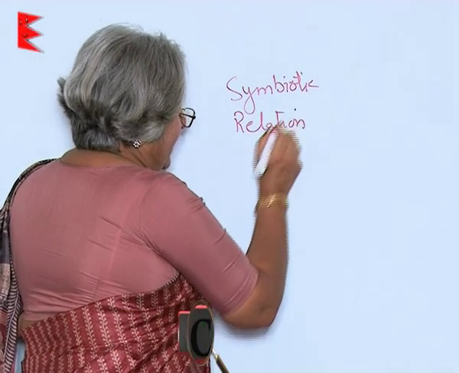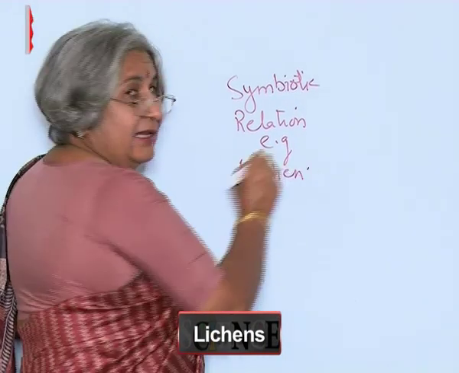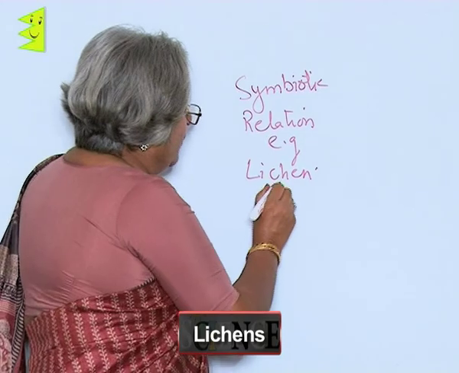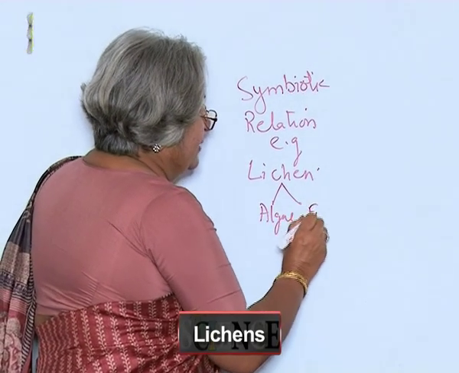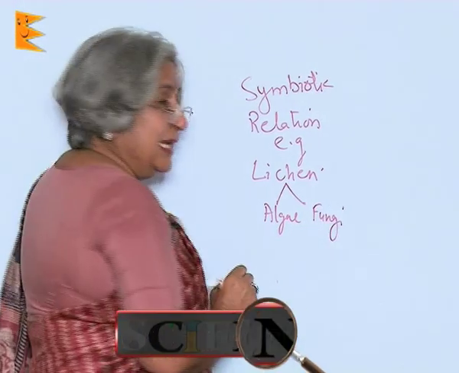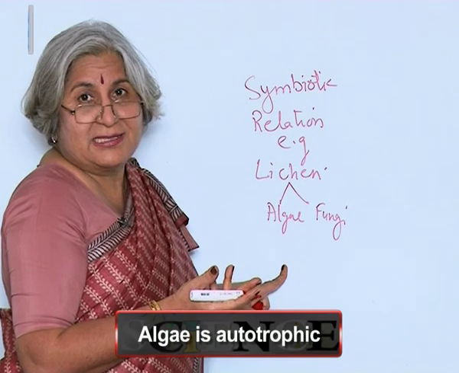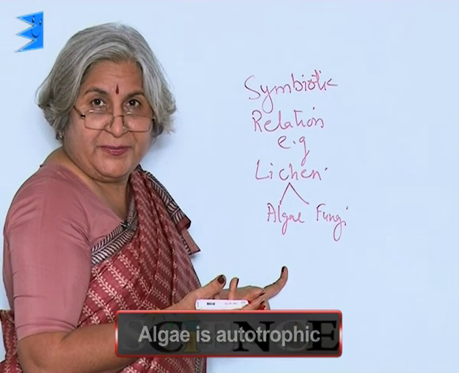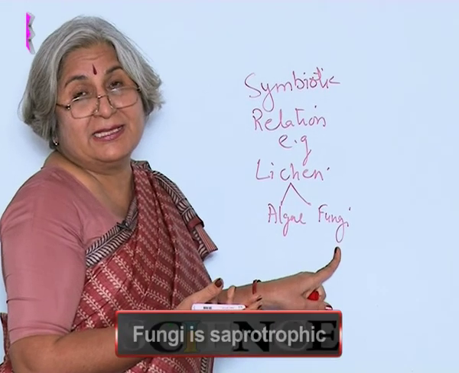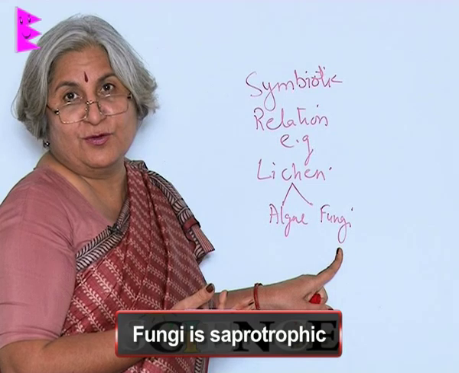And one example is lichen. In the lichen, there are two plants, algae and fungi. Algae is autotrophic, that means obviously it is green, it has chlorophyll, so it can make its own food, while fungi is saprotrophic, that is non-green, it cannot make its own food.